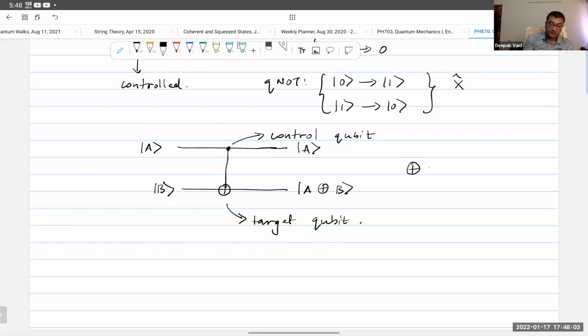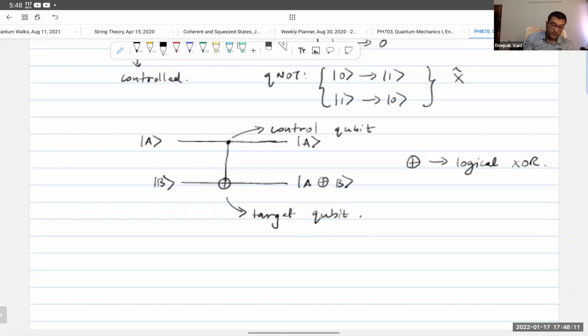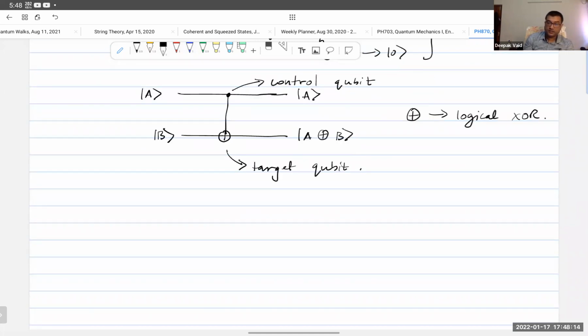What is this symbol? This is called the XOR. So let's work it out in a few cases, and then we'll see what this means. This is the classical XOR. What is the truth table?